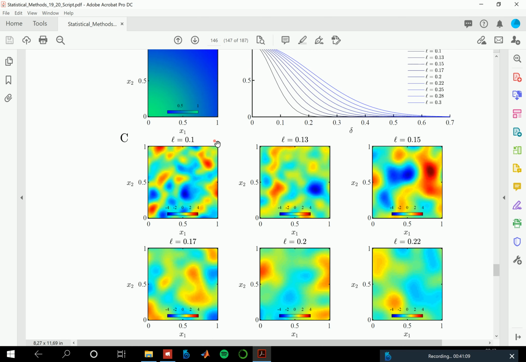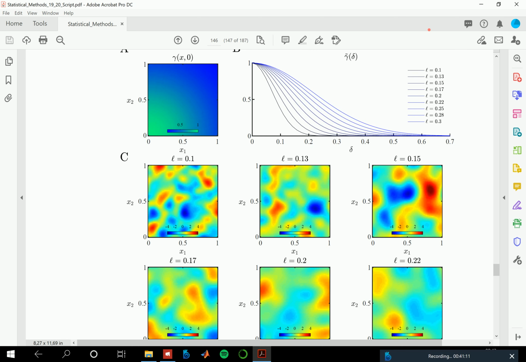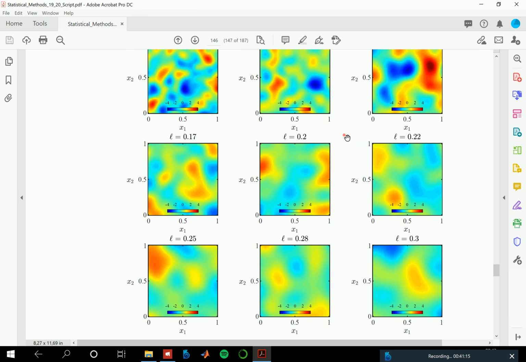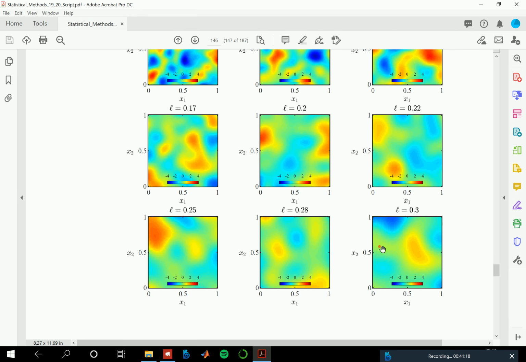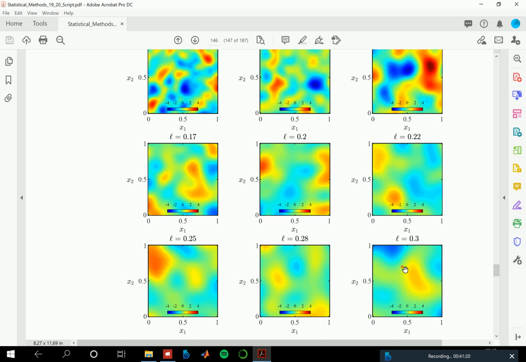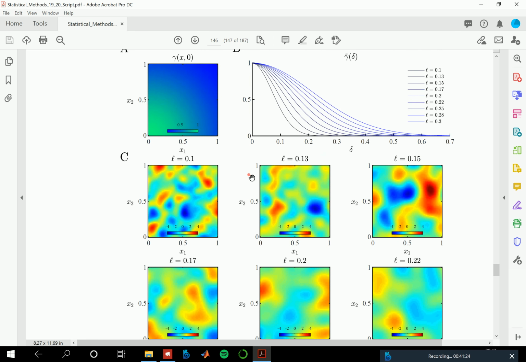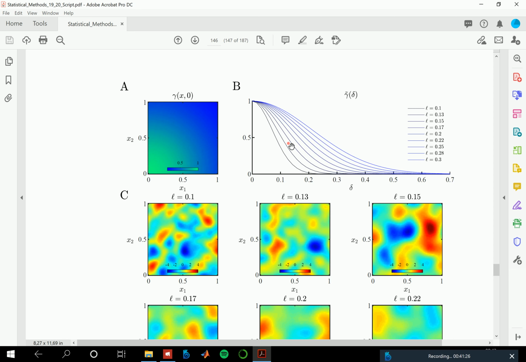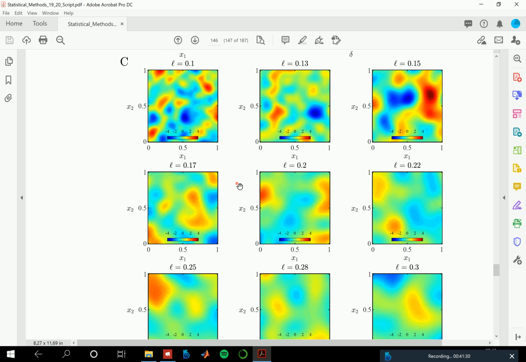So this is this L0.1 here. If you have strong covariation over space, then of course you will have far less variability over space, higher smoothness. Yeah, so that's kind of one way you can think about it. It's not the smoothness parameter relation that we will later see, but it's fairly related to it.